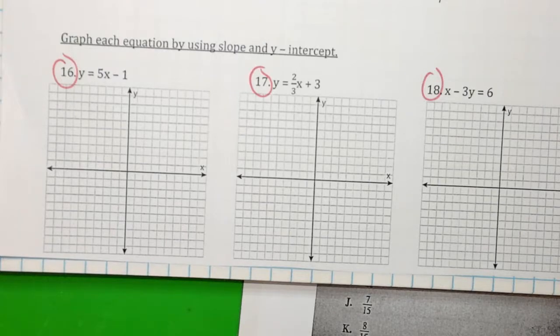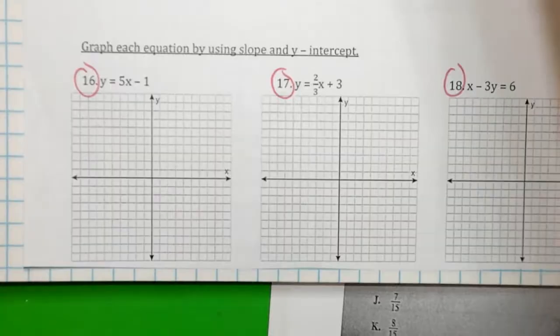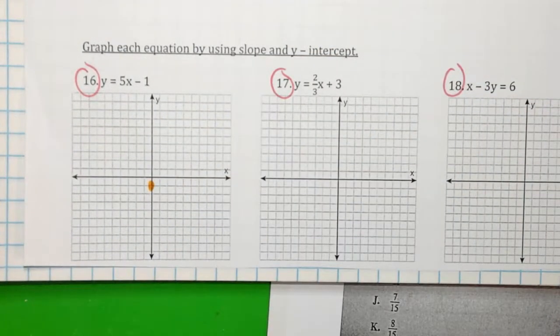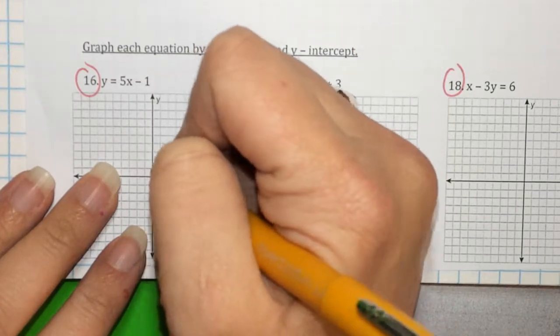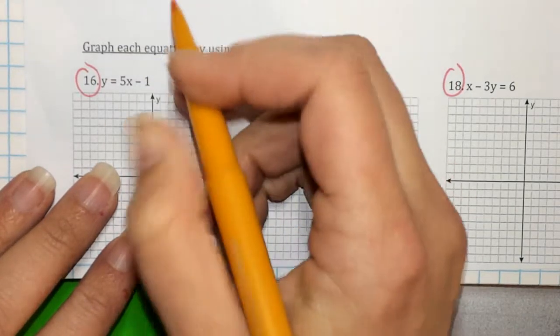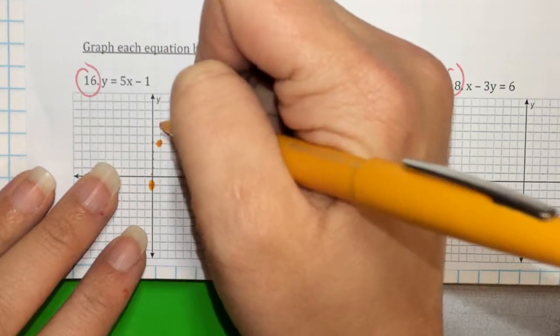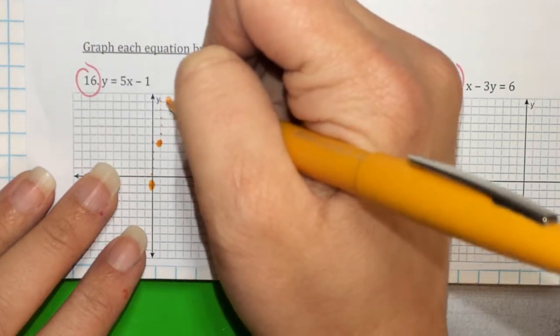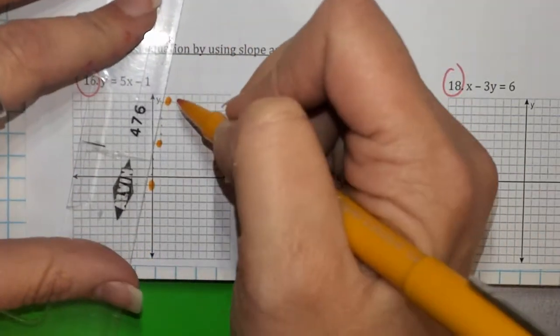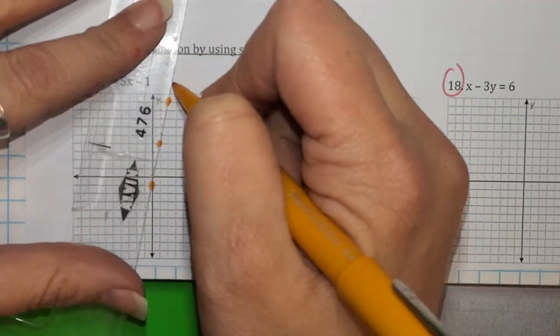Alright, number 16. You should go down one first, and then what do you do? So up 5, right 1. You don't go over anywhere. Over's not a direction. That's right. Alright, and then I connect it.